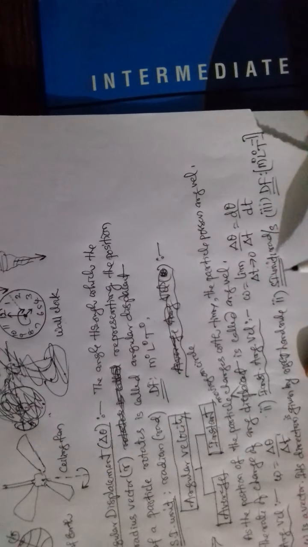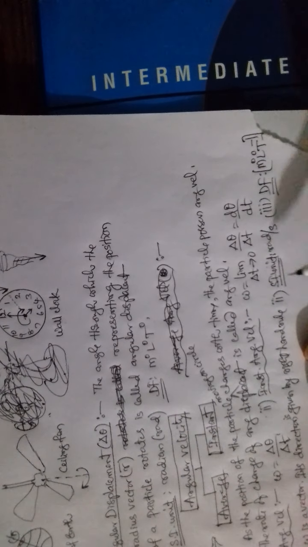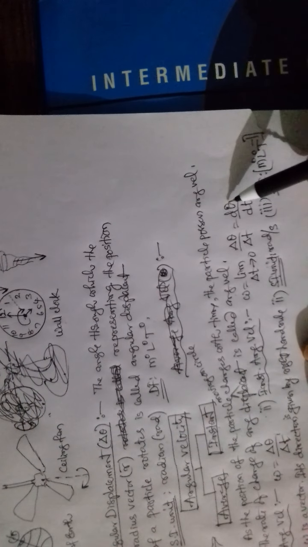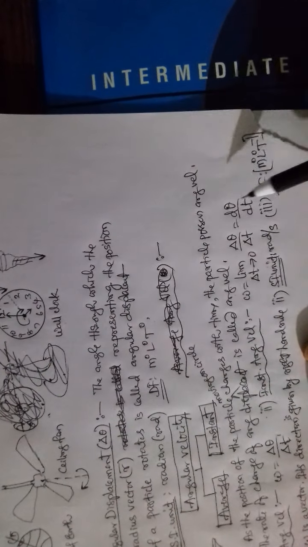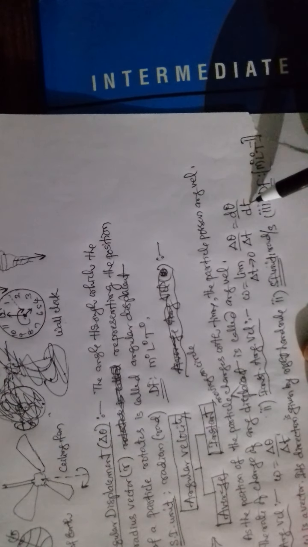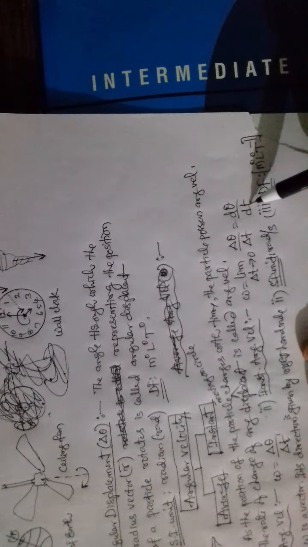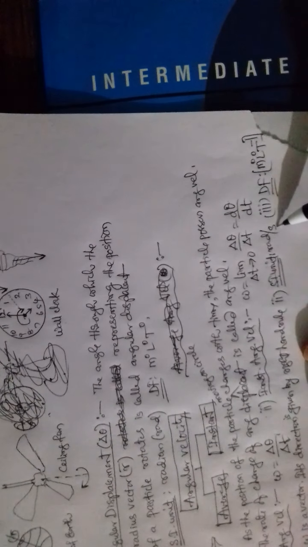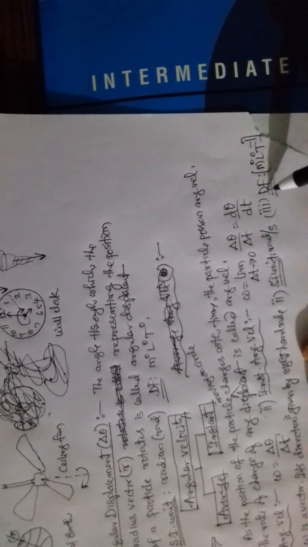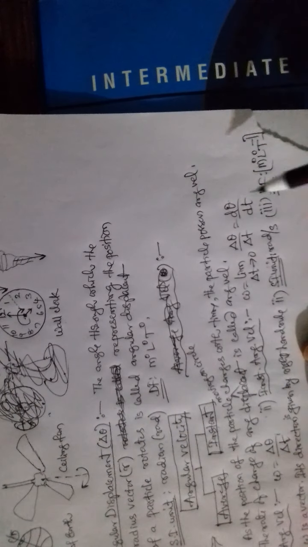Now, considering its SI unit. See, in the numerator, angle is there. In the denominator, time is there. Angle is measured in radians, time is measured in seconds, so radian by second. Now coming to dimensional formula.